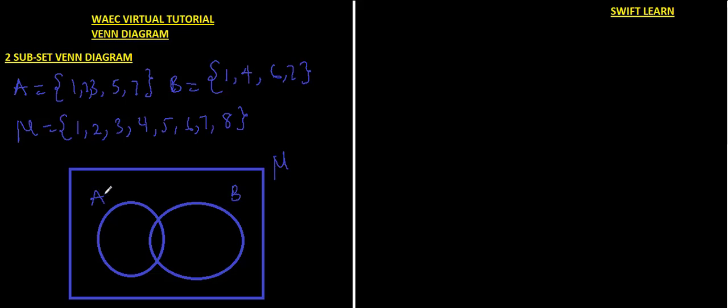Now A and B, this part right here is the A intersection B part. What is the meaning of A intersection B? It means something is common. That's the part where both of them are common, known as the A intersection B. Are you with me now?